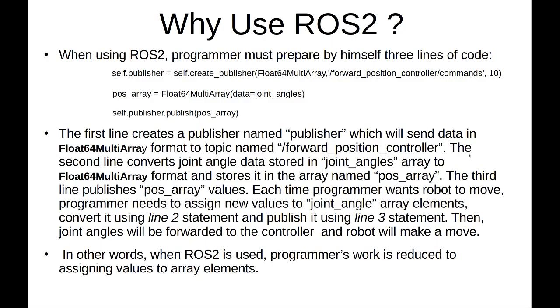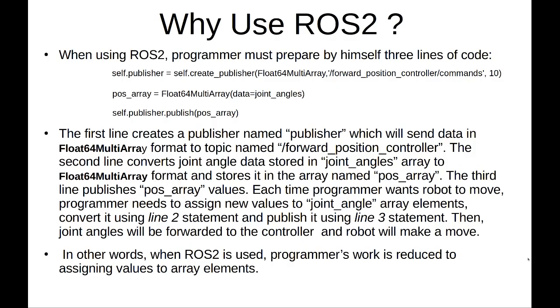The second line converts joint angle data stored in joint angles array to float64 multi-array format and stores it in the array named pose array. Again here, joint angles and pose array are optional names. You can use other names, any names you like. The third line publishes pose array values.